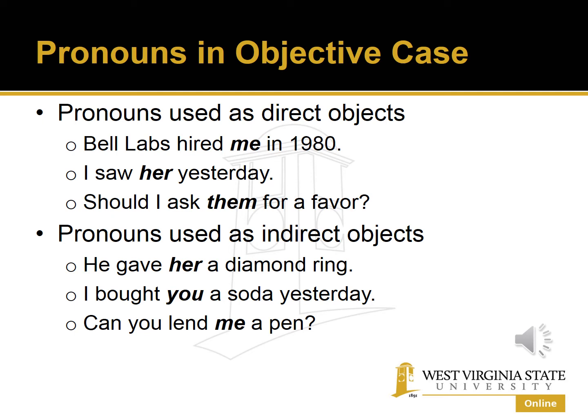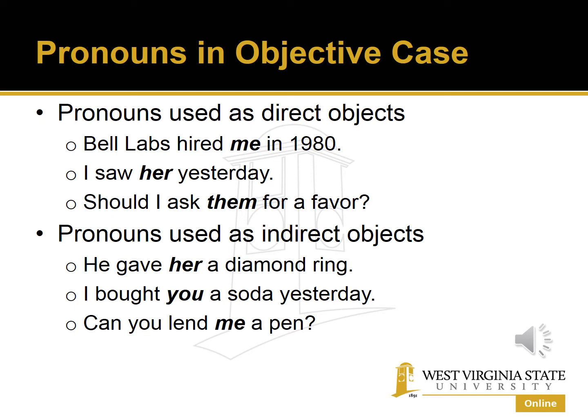I saw her yesterday. Her is the direct object of the sentence. It's also in the objective case, third person singular. Finally, I should ask them for a favor. Them is the third person plural form of the pronoun in the objective case.